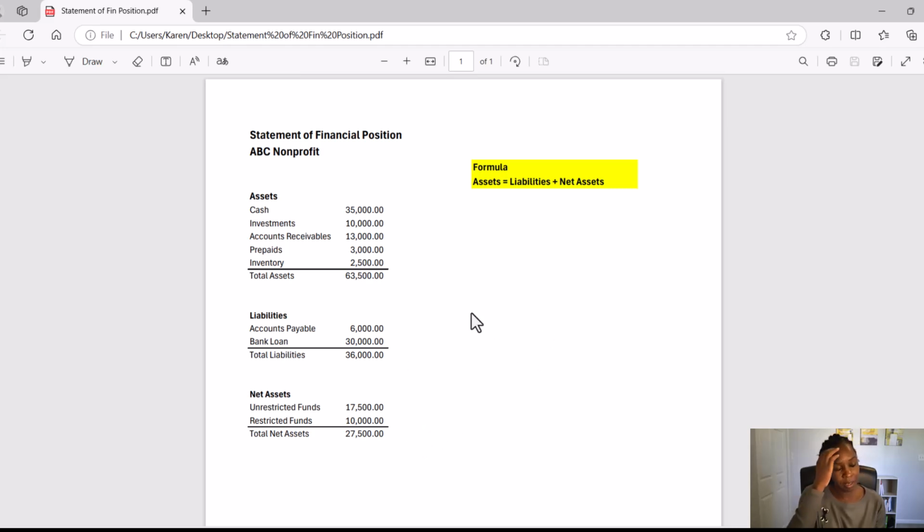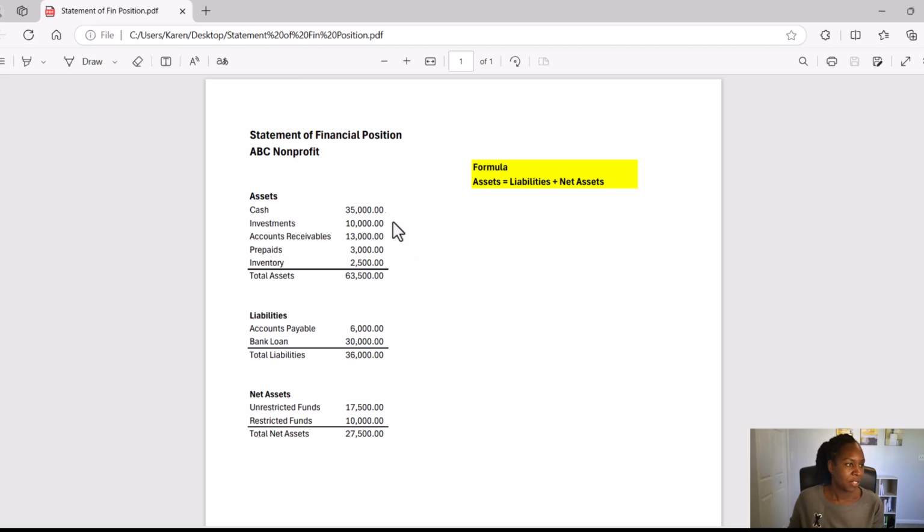A lot of accounting software will not allow you to enter incorrect transactions. So if you're using accounting software, it's highly likely that this formula works, again, since the software will not let you enter an incorrect entry.